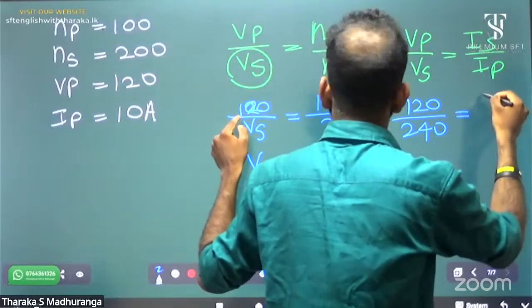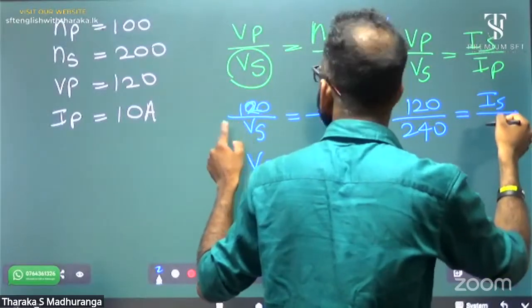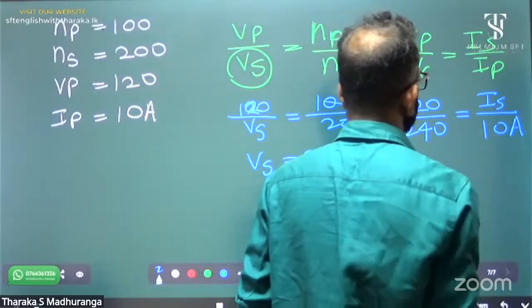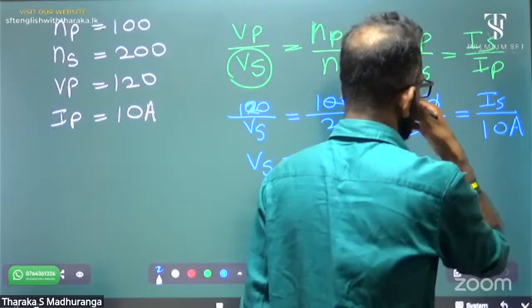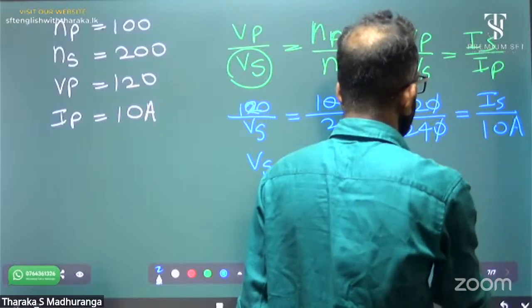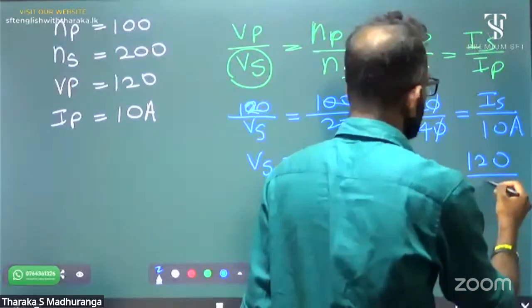Equals IS, we don't know the secondary current. The primary current is given, 10 ampere. Zero cancels out. IS equals 120 over 24.